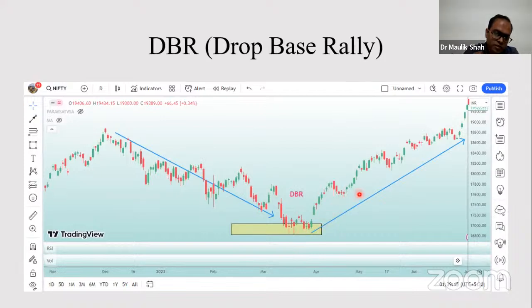It did not go below this, and this was a base formed, and then this was a drop, base, rally. So when you see this kind of pattern where the price has moved above this consolidation phase, above this base, this is the beginning of a new rally.